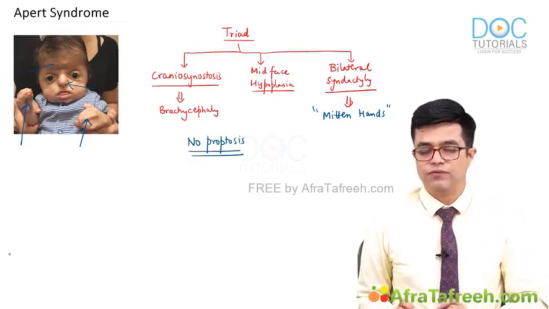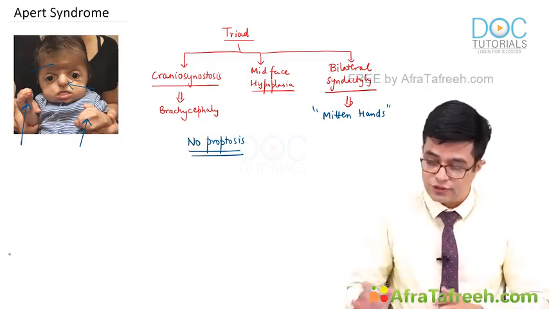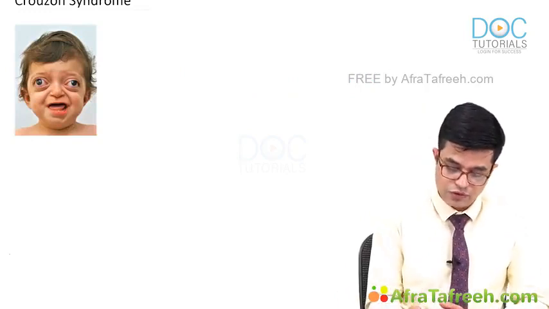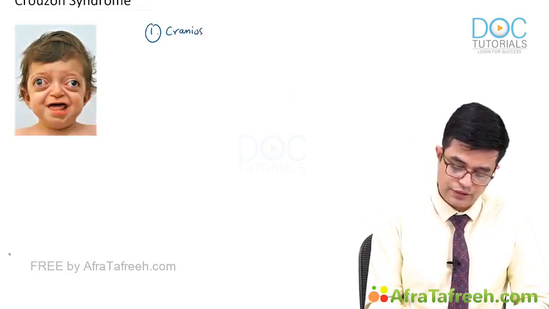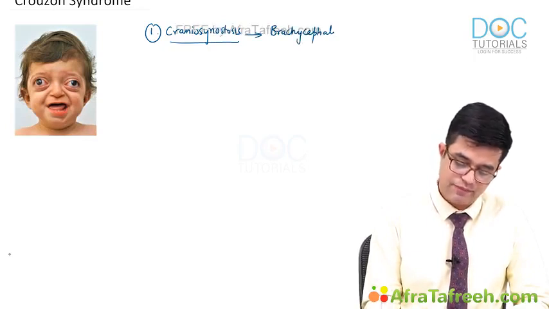The second syndrome, which is often confused with Apert syndrome but is different, is Crouzon syndrome. This is a child with Crouzon syndrome. What are the features of Crouzon syndrome? First of all, they will have craniosynostosis. The craniosynostosis in these children is also commonly of the brachycephaly variety, that is, a flattened skull.